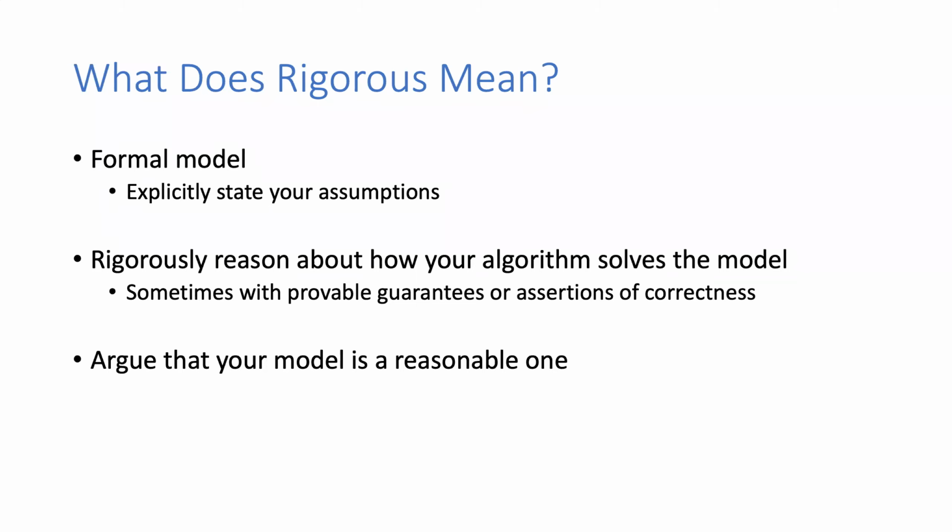You simply want to have very sound reasoning that your model is a good one, starting from your beginning assumptions, which could be just of academic interest, or could be inspired by a motivating application.